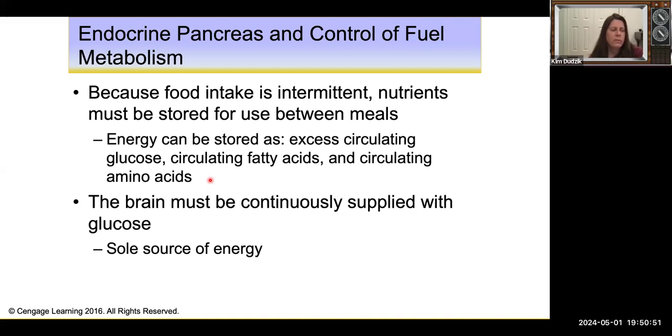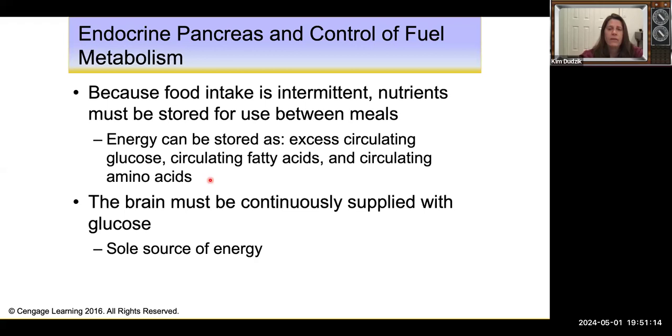So post-absorptive state is what occurs in between meals when we're not eating. We're not replenishing our blood with nutrients. So we need to do that with the stored molecules. Now, most of the cells in our body can access the stored molecules, and they can use some of the metabolic fuels other than glucose.